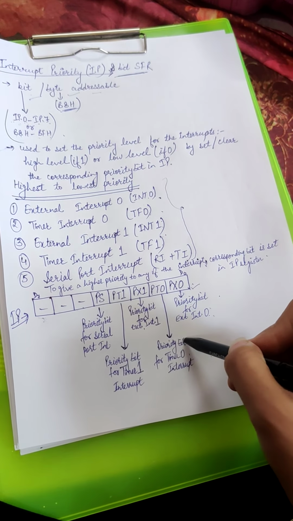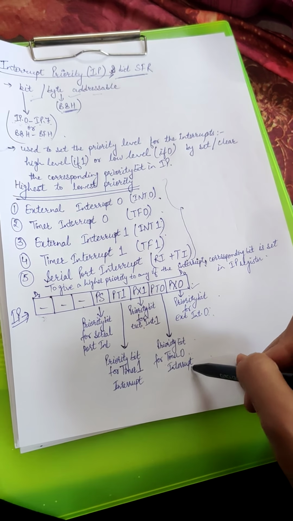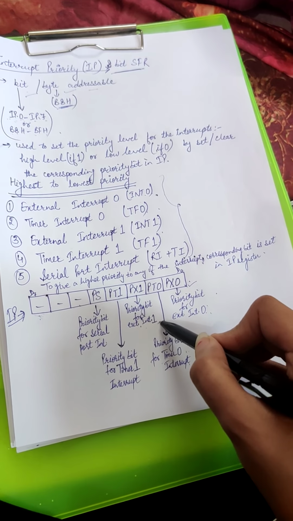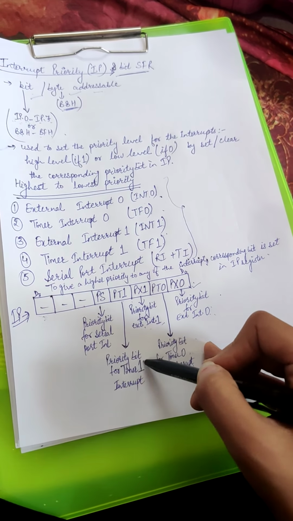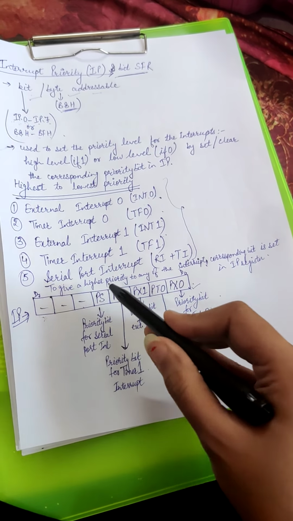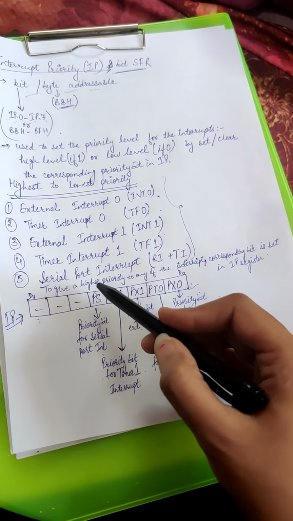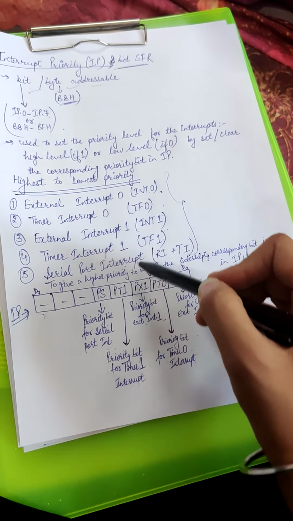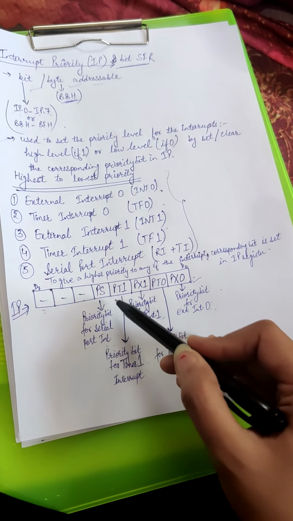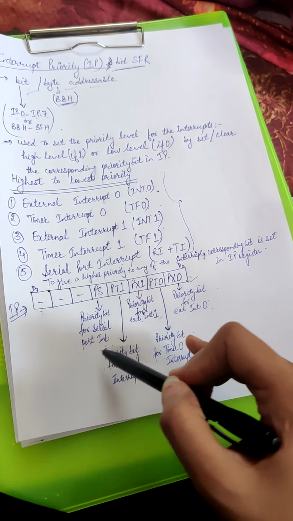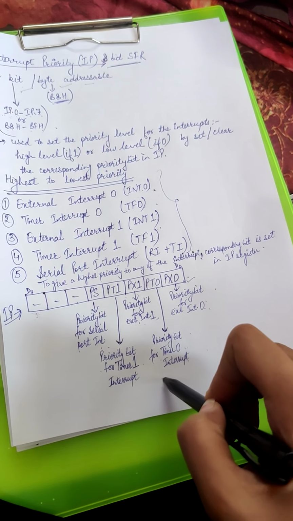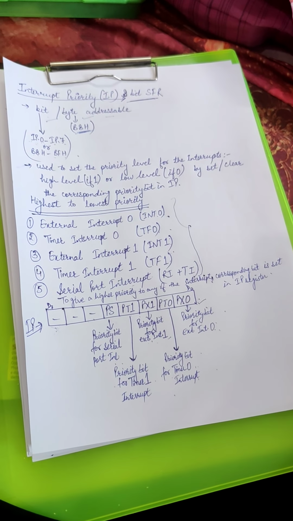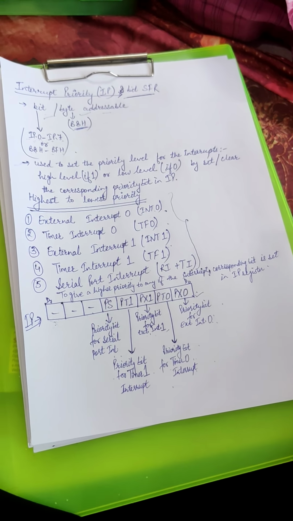PT0 is the priority bit for timer 0. PX1 is the priority bit for external interrupt 1. PT1 is the priority bit for timer 1 interrupt. And PS is the priority bit for serial port interrupt. These are the 5 interrupts, and according to these 5 interrupts, we have these 5 bits to set their priority. Okay, so these are the interrupts for the 8051 microcontroller.